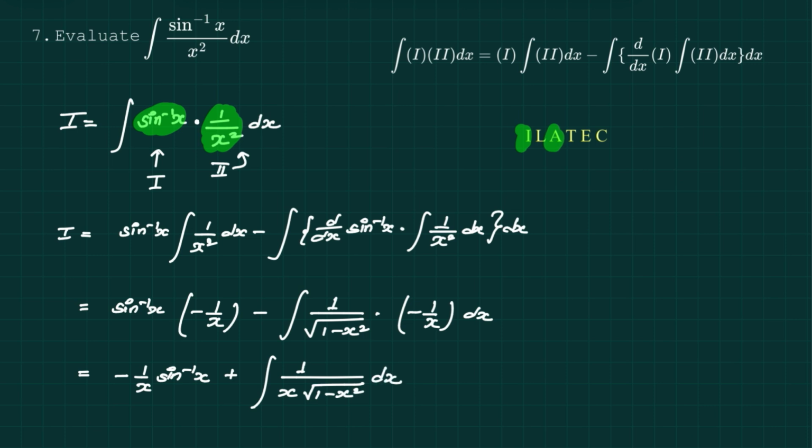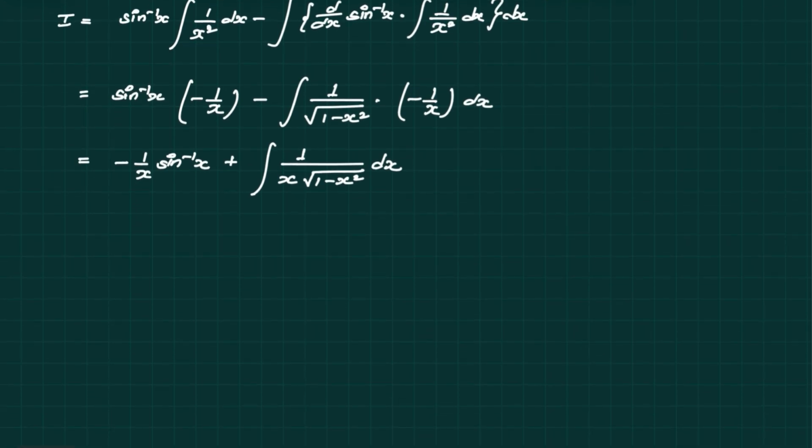Now, since the first term has been integrated, let us look at this second integral. In order to integrate it, let us assume x to be sine of t. So let us put this x as sine of t. Then we will have d/dx of x is 1, so 1 into dx equals d/dt of sine t, which is cos t into dt.